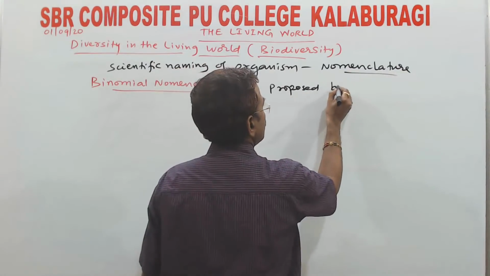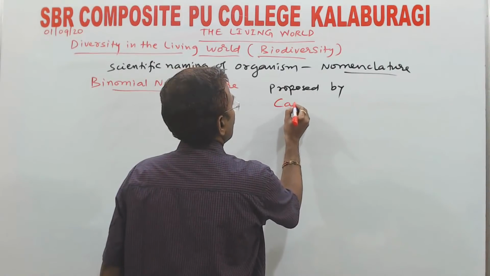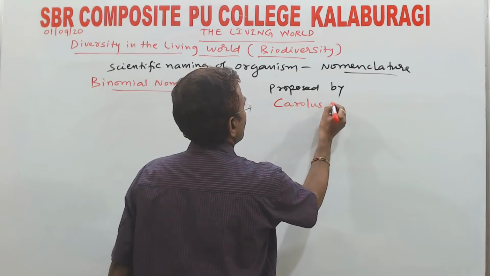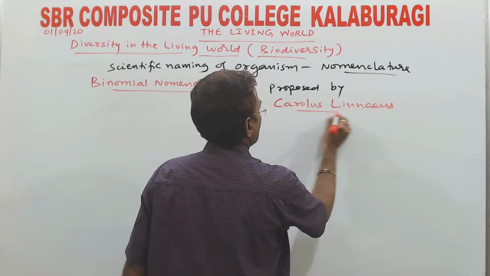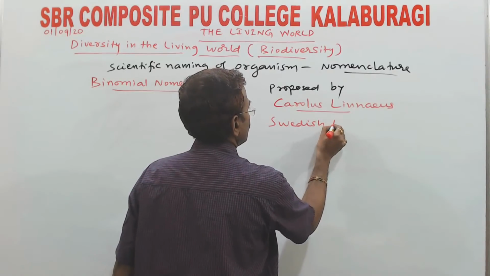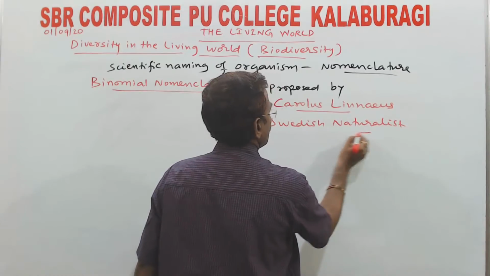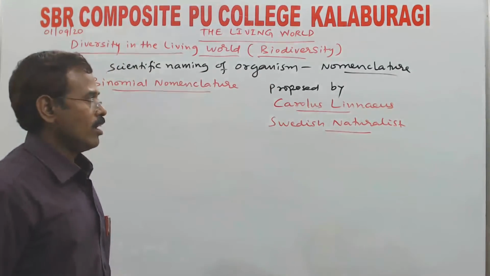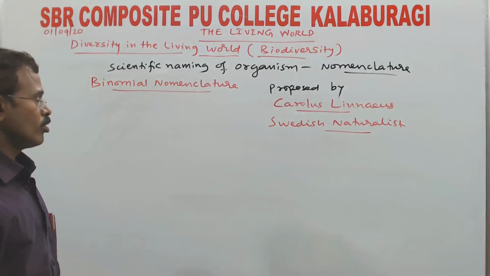So binomial nomenclature was proposed by a Swedish naturalist by name Carolus Linnaeus.